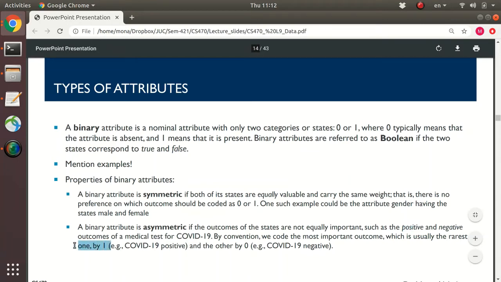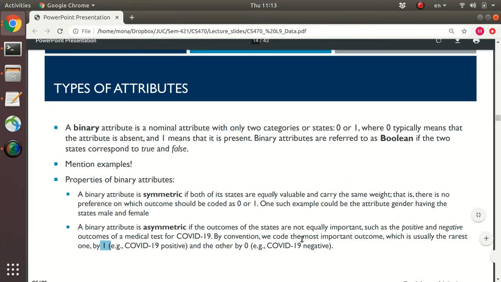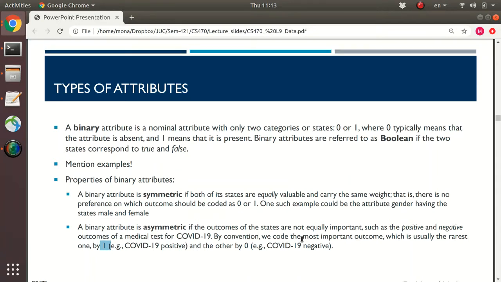So we are interested in knowing whether a patient has COVID-19 or not, and therefore we encode him or her having that attribute value as 1, positive as 1, and the other by 0. So COVID-19 negative would be assigned 0. This is by convention, but it can also work the other way around.